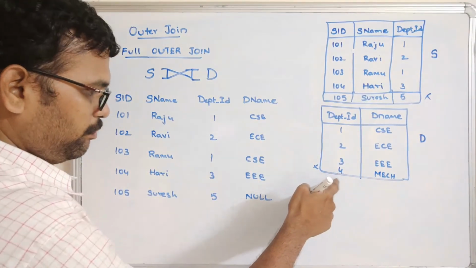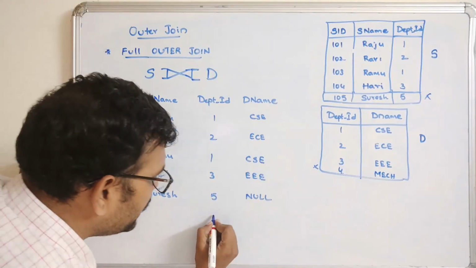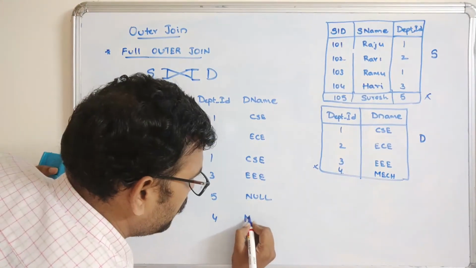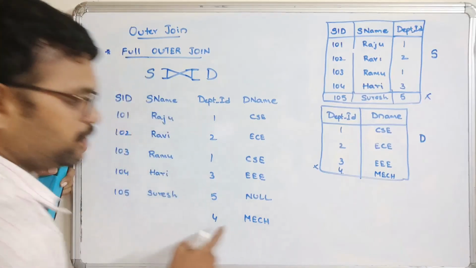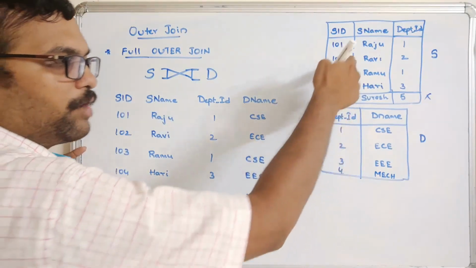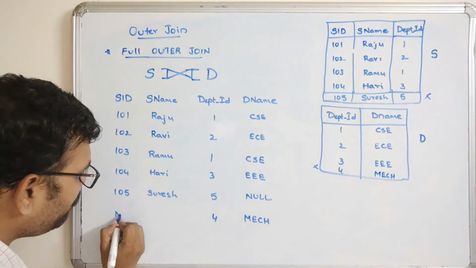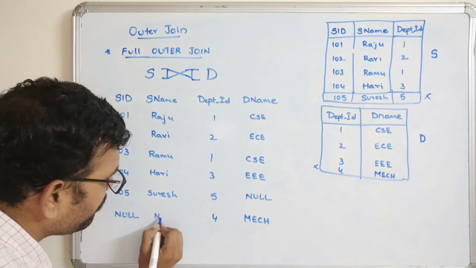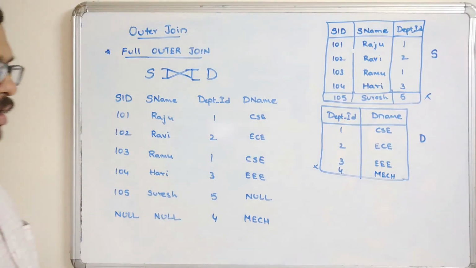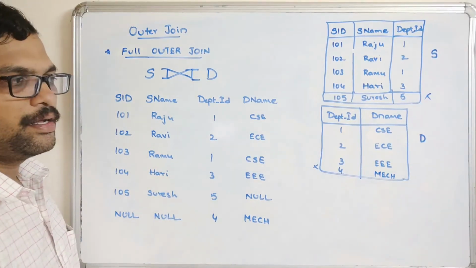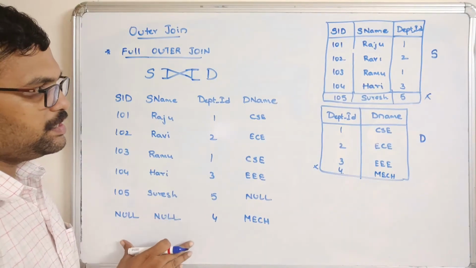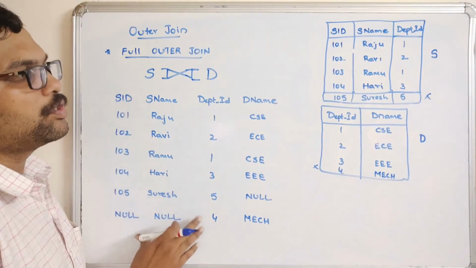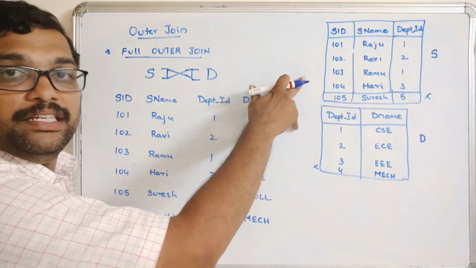And there is no department ID 4 among the students, so insert 4 with mechanical. There is no association with any one of the students, so kept it as null here. So this is the full outer join of these two relations S and D.